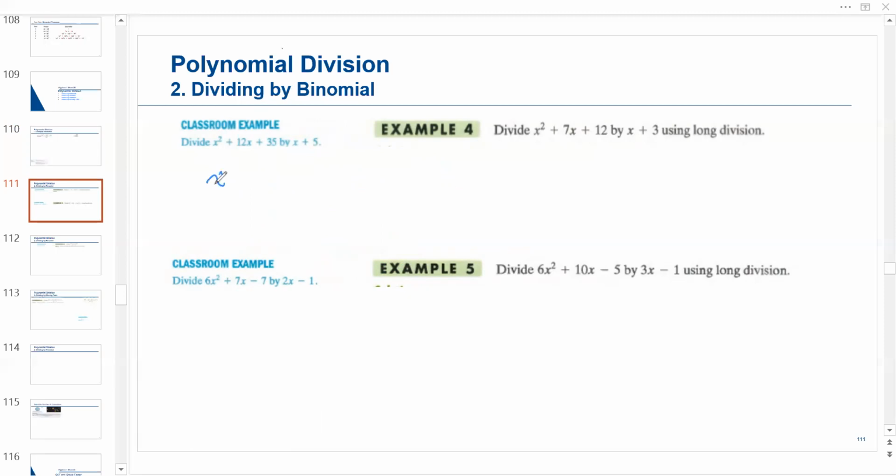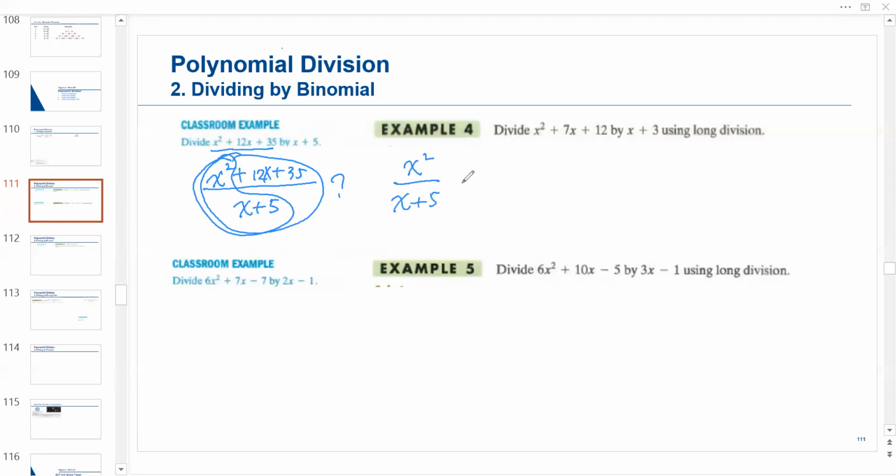Terms like this one: x squared plus 12x, divided by x plus 5. What do we do? How do we do this one? Some people say, okay, why don't we do it this way? We do it separately. Doing it separately will be like this, x divided by here.